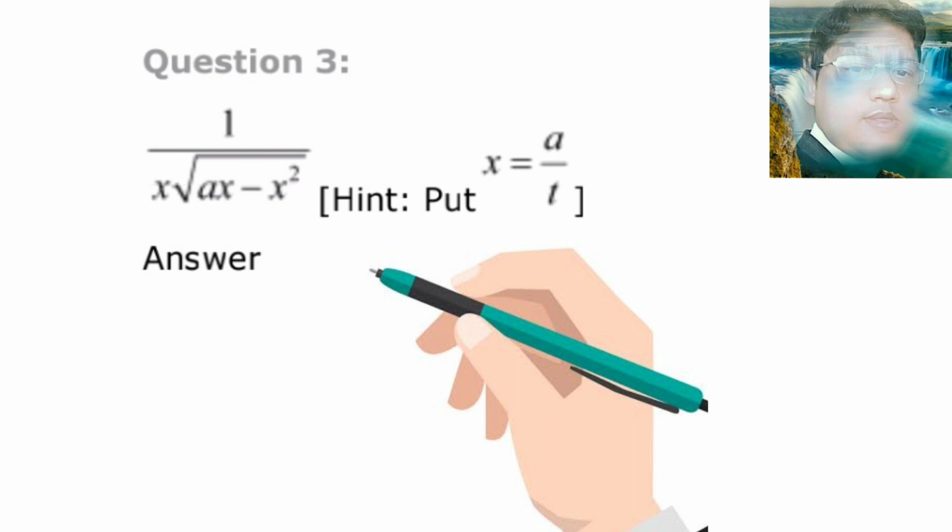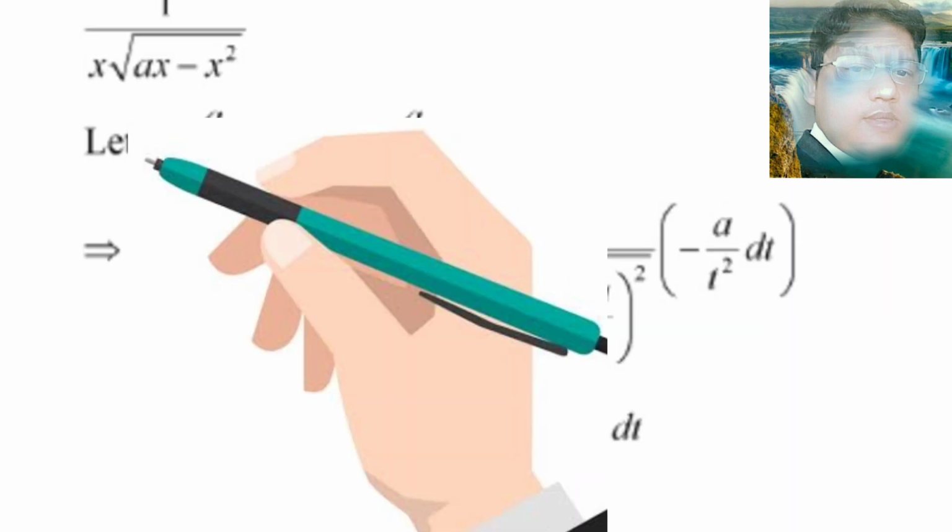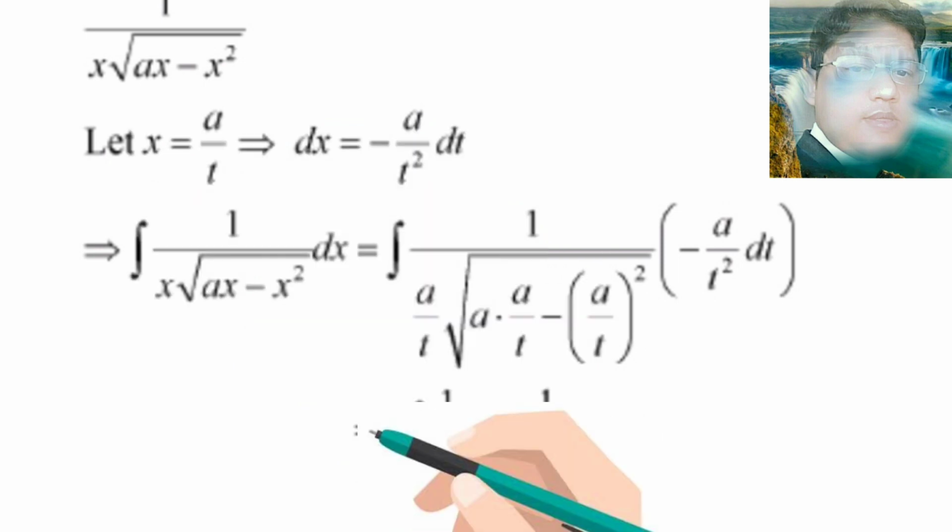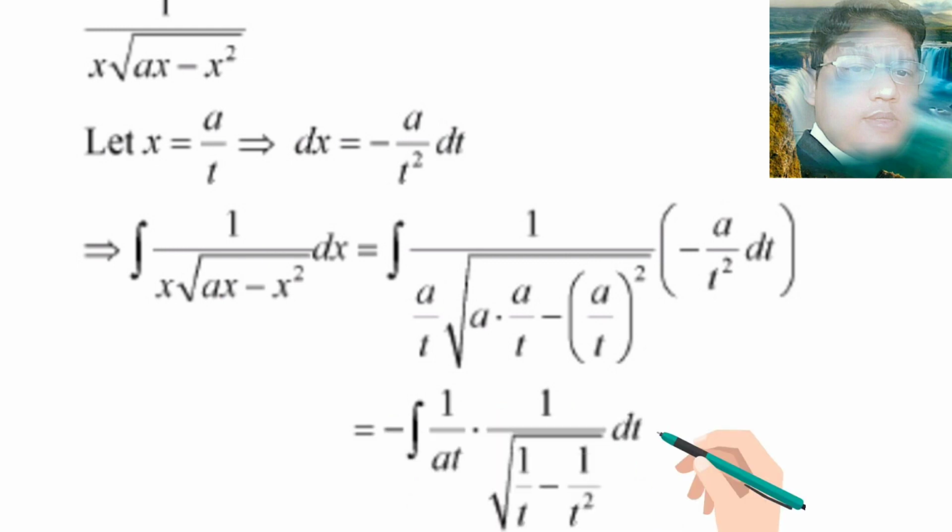Next, question number 3: 1 upon x into under root of ax minus x square. So my students, if a question has a linear and a quadratic term, then you have to write x equal to a upon t, where a is a constant. If I substitute the value, then on solving these equations, I simplify the equations and integrate, so I get 1 upon a, under root of 1 upon t minus 1 upon t square.